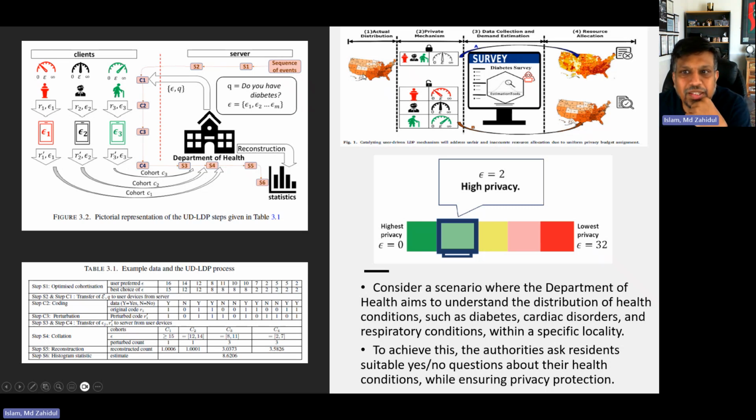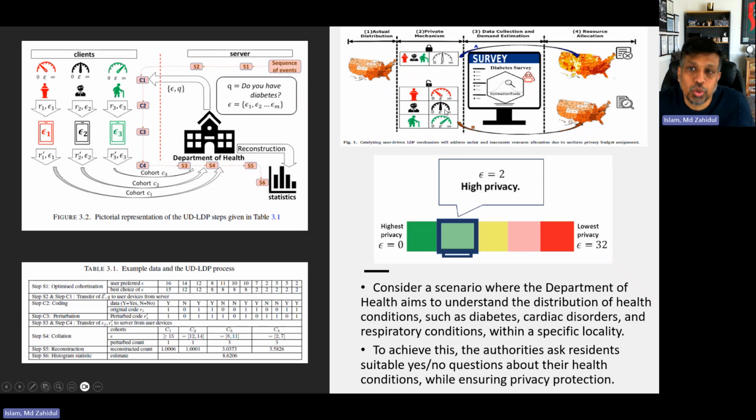Now, if we use one single epsilon, which is, let's say, very conservative, then the answers of the participants will be very distorted, very modified, very perturbed. And when we reconstruct, our reconstructed values can be quite useless. And if the hospitals or the Department of Health want to allocate resources based on that, the resource allocation may not be as effective.